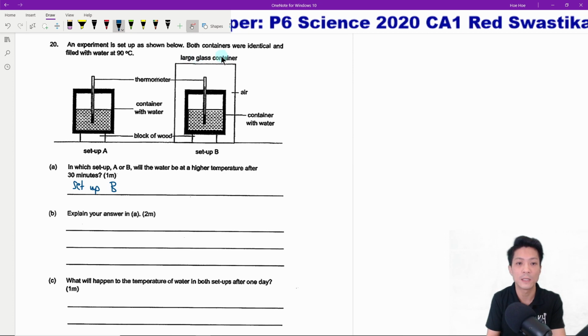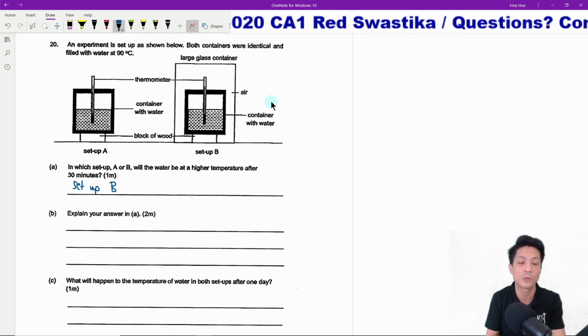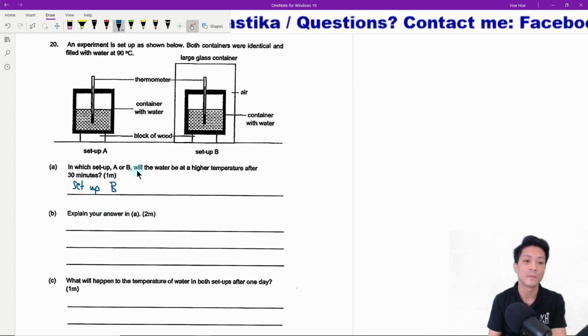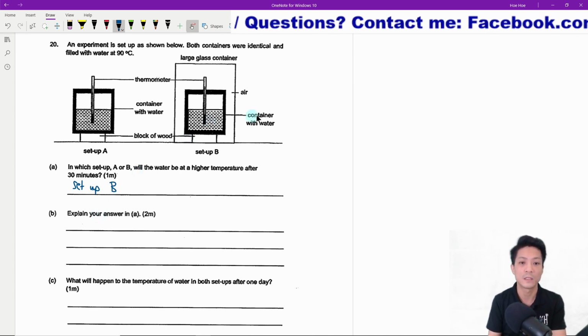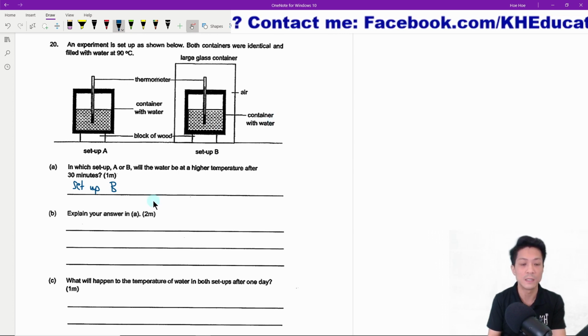The large glass container will trap air around setup B, or will not allow air to escape around setup B. And since air is a bad conductor of heat, this will prevent the water from losing heat. Okay, so we're going to write down the answer.